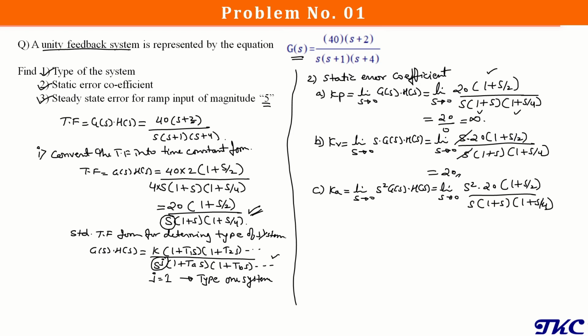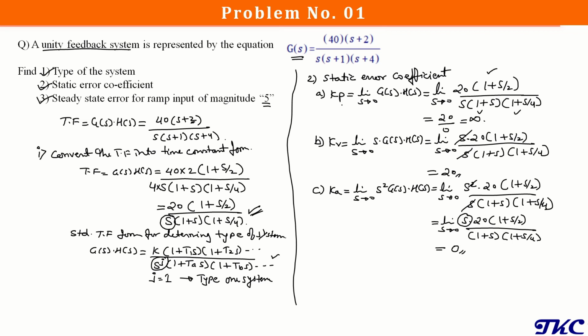So here one s from the denominator and one s from the numerator we can cancel. So we will have limit s tends to 0 of s into 20 into 1 plus s by 2, divided by 1 plus s in bracket 1 plus s by 4. Now when we substitute the limit here, because of this separate s, this whole term will become 0. So we will get Ka as 0.